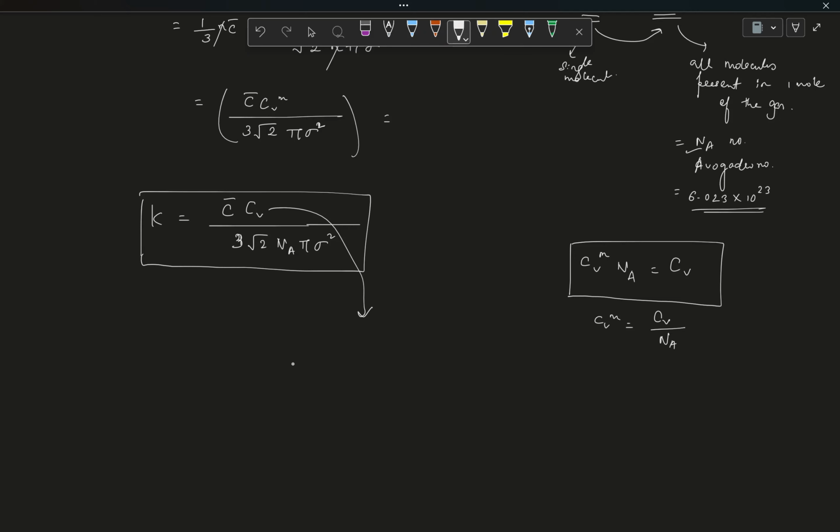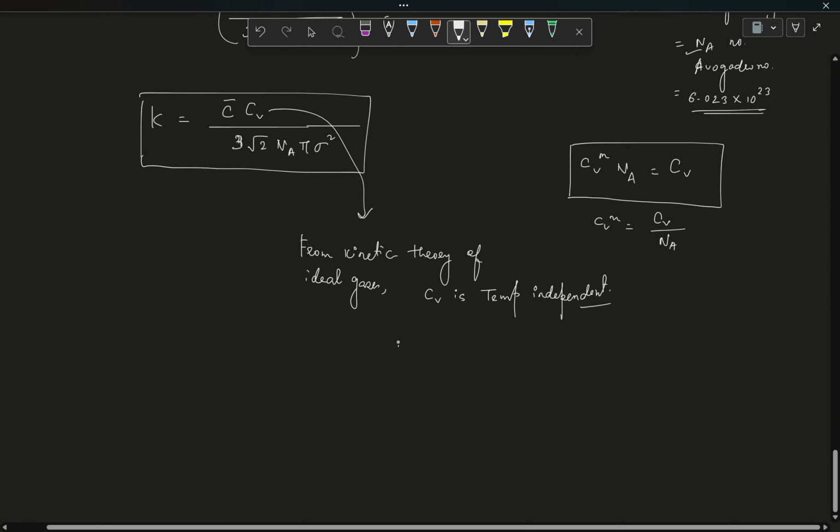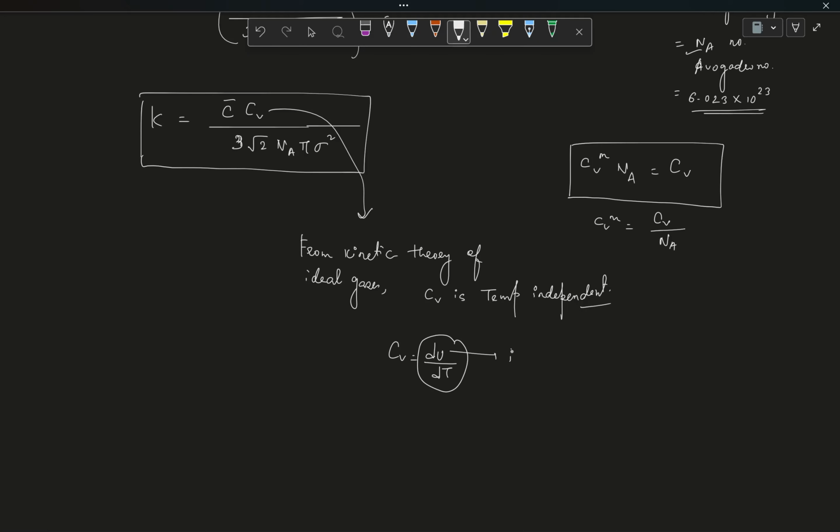I think you have already studied it in the very first week's lecture content: from the kinetic theory of ideal gases, CV is temperature independent. Because you know that CV is simply dU/dT, the temperature derivative of the internal energy.